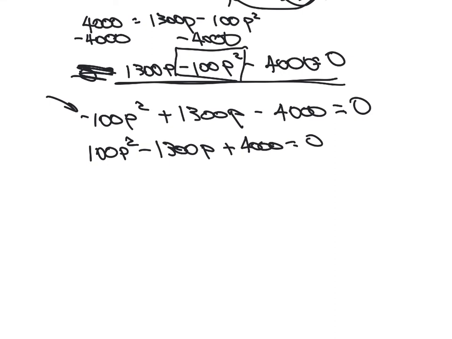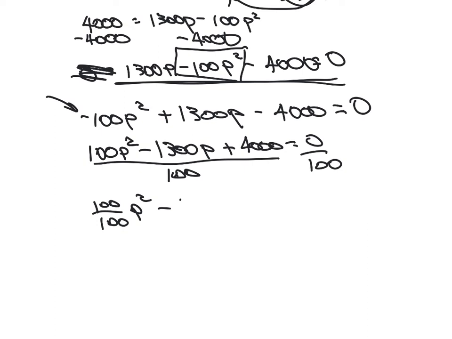So first of all, I'm going to pull a 100 out of each term. So I'm going to divide this whole thing by 100 and this whole thing by 100. And when I do this, I get 100 over 100 p squared minus 1,300 p over 100 plus, sorry, I'm just kind of going through here pretty quickly, but 0 over 100 is 0.